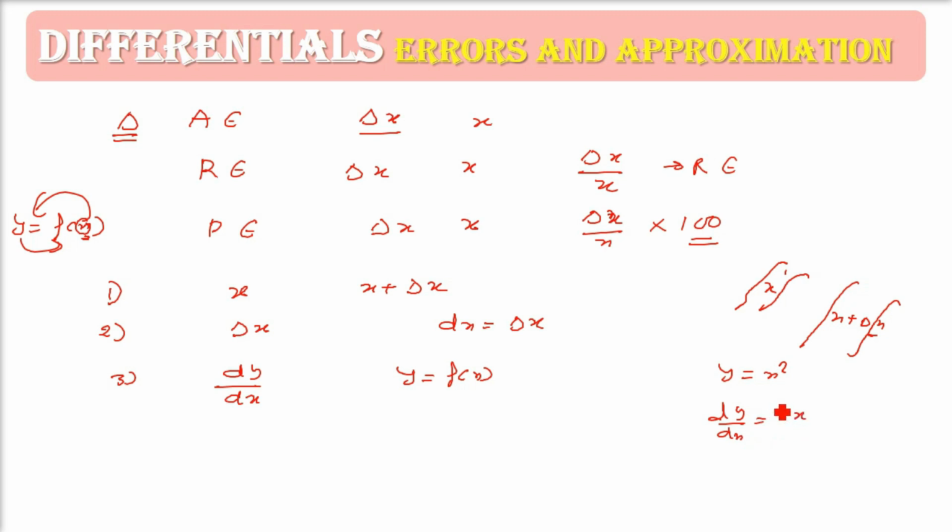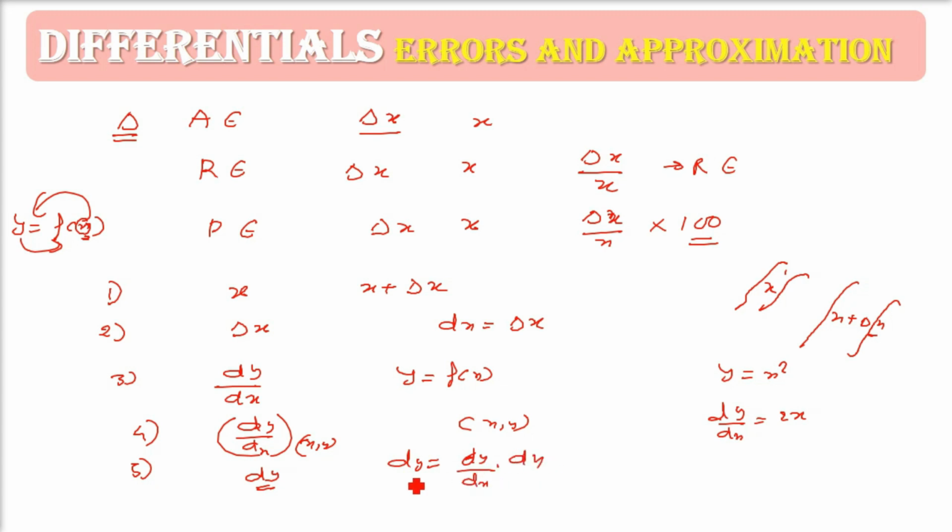Now the fourth step is what? dy by dx has already been computed. But if we are finding things at x and y, we'll find dy by dx at x equal to whatever value is given in the question. The next thing, because we have to find out delta y, is that we'll take dy and make it equivalent to delta y.